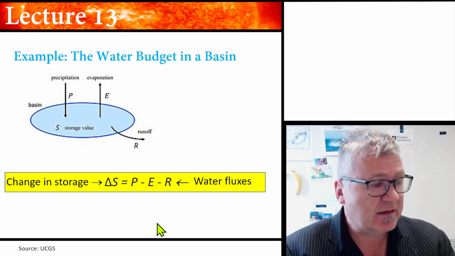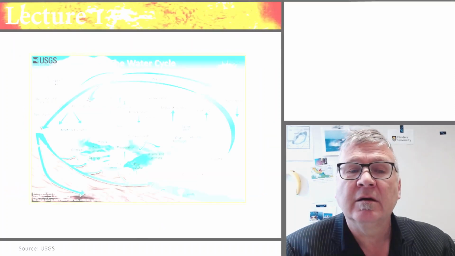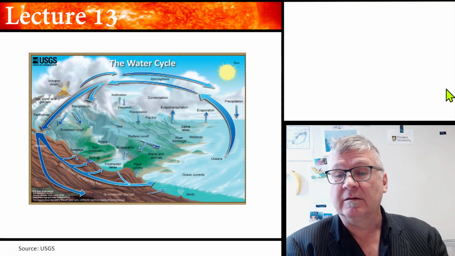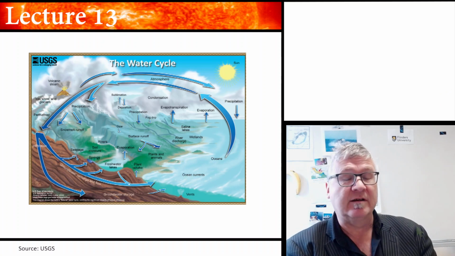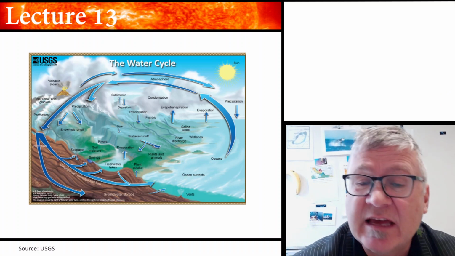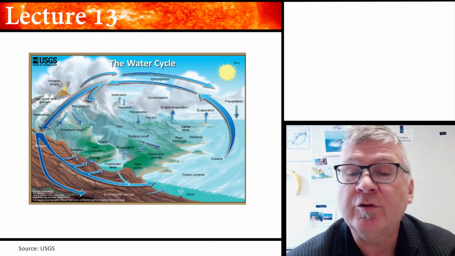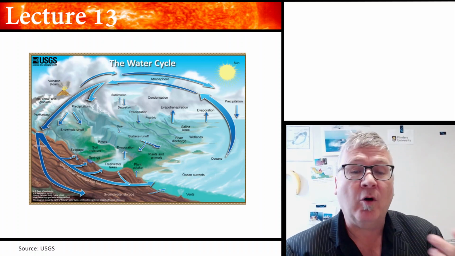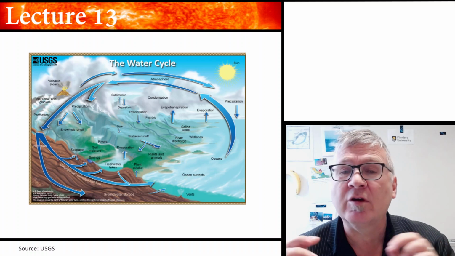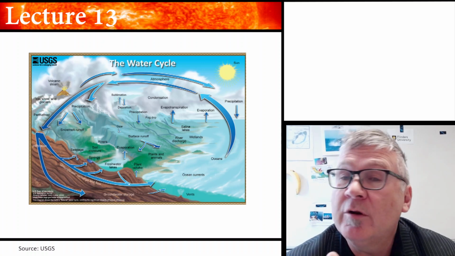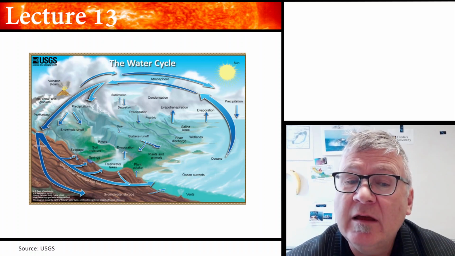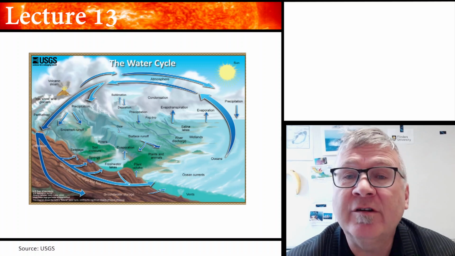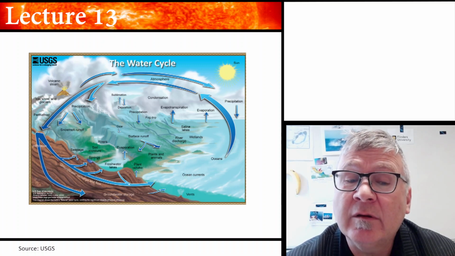All right, so let's have a look at the water cycle, the global water cycle. This is shown in this little sketch. What you can see is all different types of fluxes. We're talking about the ocean, the atmosphere, and the continents.